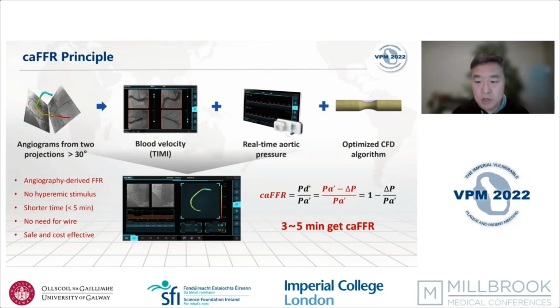And then we use our optimized computational fluid dynamic model to calculate the pressure difference from the inlet to the distal positions. And then we can use a caFFR equation to calculate the caFFR. We call caFFR a coronary angiography derived FFR. Our total operational time is smaller than 5 minutes.